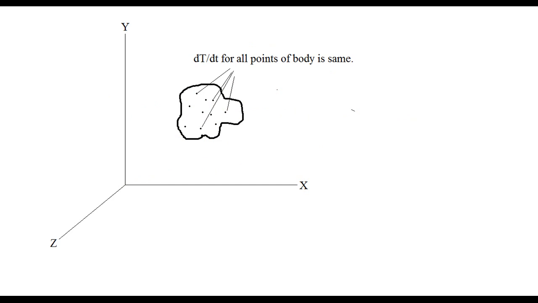So let's talk about the reason also: what is the reason that in case we keep water in a bowl inside the refrigerator and then take it out, over all the points the water is cooled down, but at every point the rate of cooling is the same. The reason is that water is a fluid, so the molecules are in random motion.